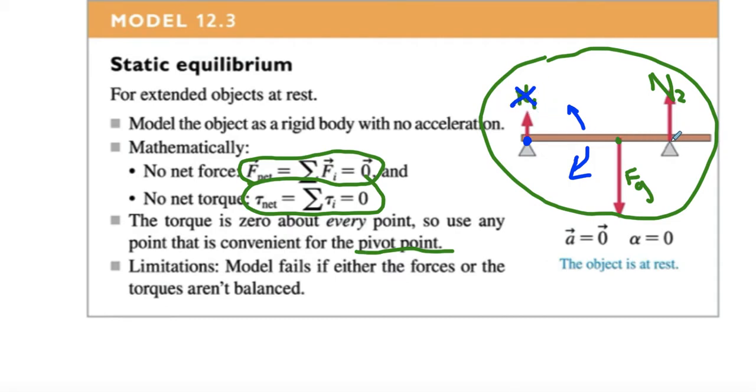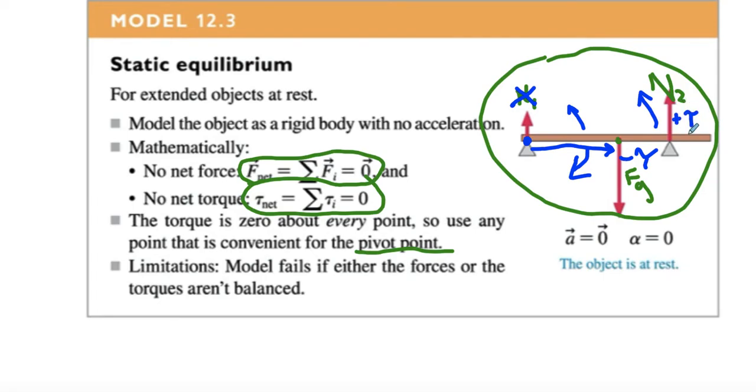The lever arm for gravity is from here to here, which is half the length of the plank, and it's torquing it in the clockwise direction, so we get a negative torque out of gravity. But the normal force on the other side is also torquing it, upwards, and so we get a positive torque.